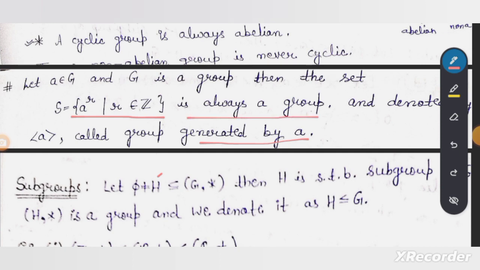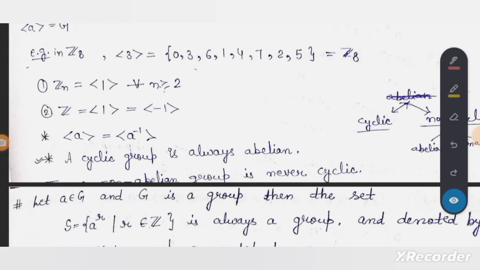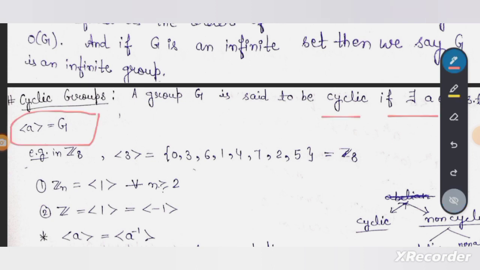So all those powers of A will make a set and that set will always be a group. A group G is said to be cyclic if there exists A belonging to G such that the set generated by A is equal to G.